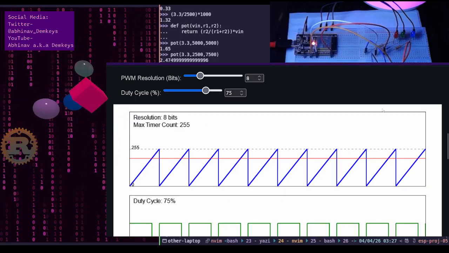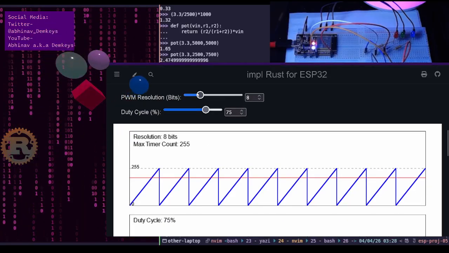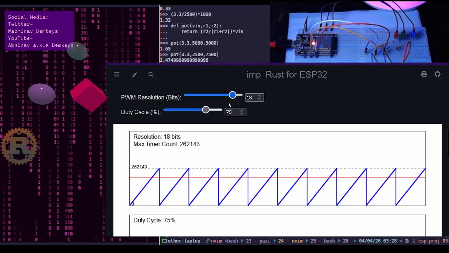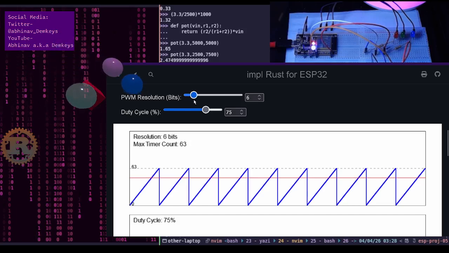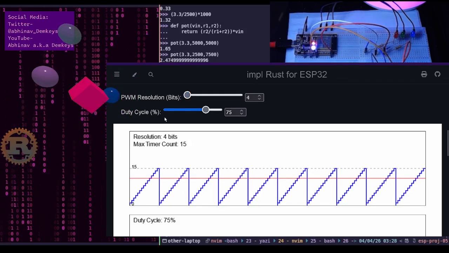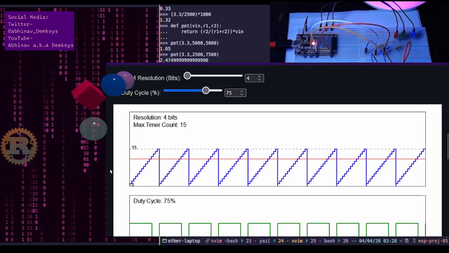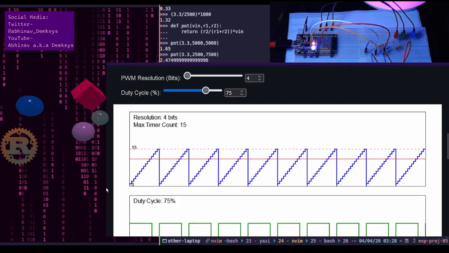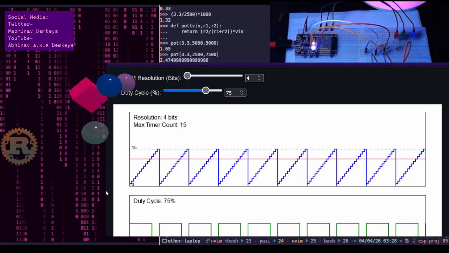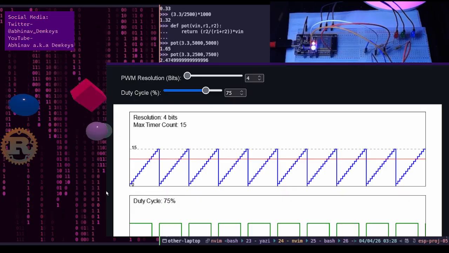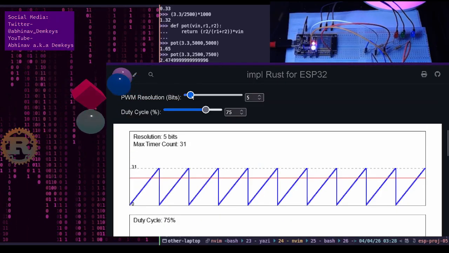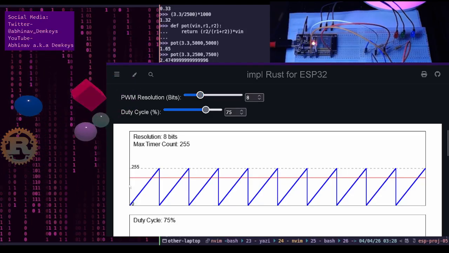So we are looking at PWM. If we keep this to 4 bits, then we get 16 possible values, which makes sense because in 4 bits you can only fit a total of 16 values, and in 8 bits you can only fit a total of 256 values.